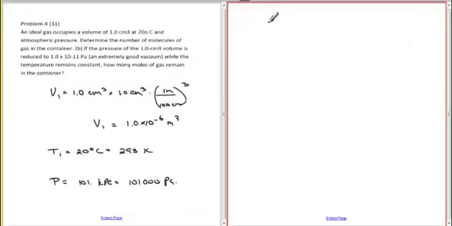So we have PV is equal to nRT, where n is the number of moles. So what we're going to do is first calculate the number of moles. So that's PV over RT. P1, V1 over RT1. As long as these are the right units, we're in good shape. So we have 101,000 pascals, units per meter squared.